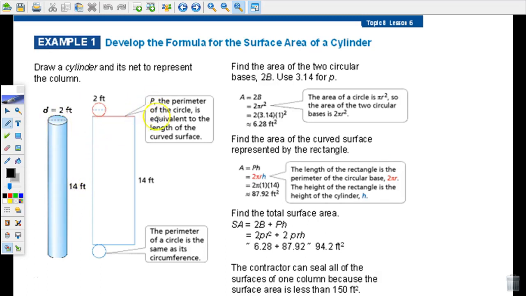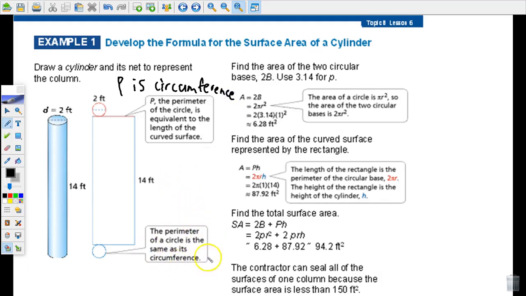So the capital P is the perimeter of the circle. P stands for perimeter, but for circles, it's the circumference. So P is circumference in this lesson.